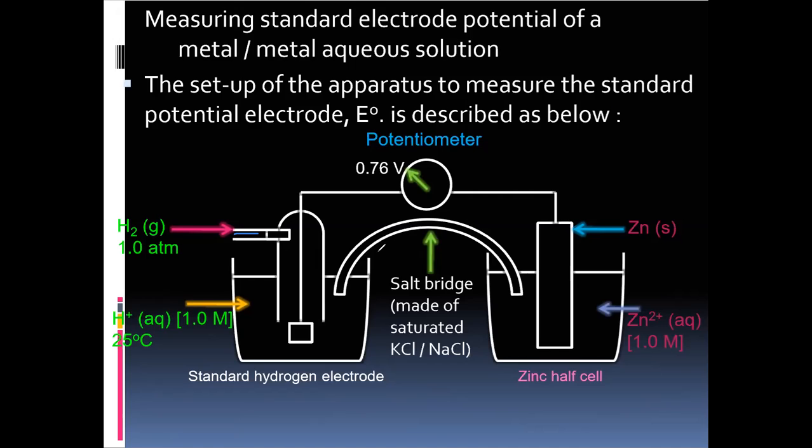So that is the function of the salt bridge. Then of course, attached to both electrodes is a potentiometer, which measures the electrode potential. So that is how every standard electrode potential setup is set up. This is the setup. Okay.